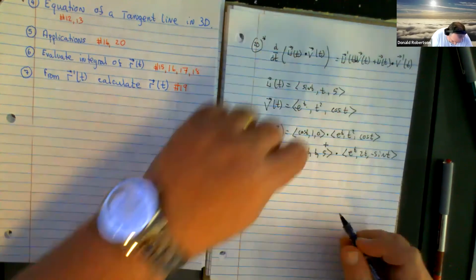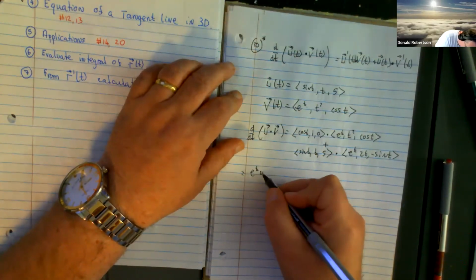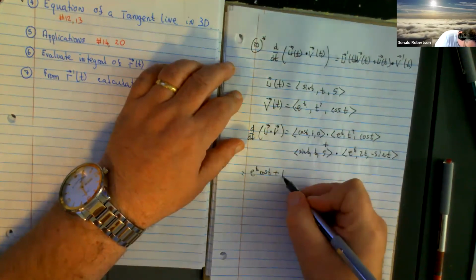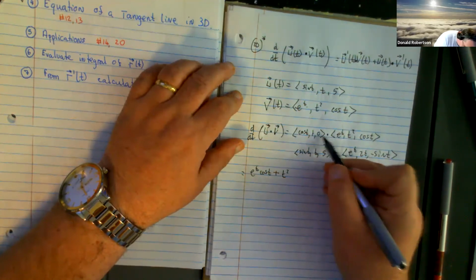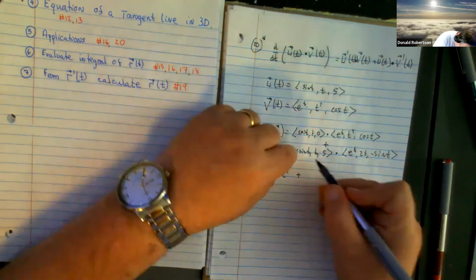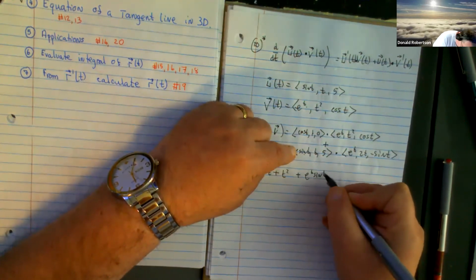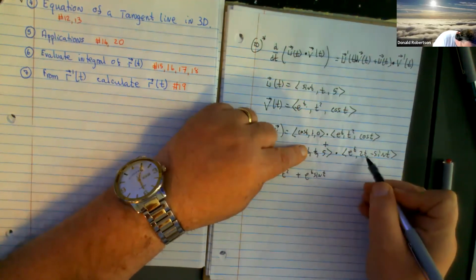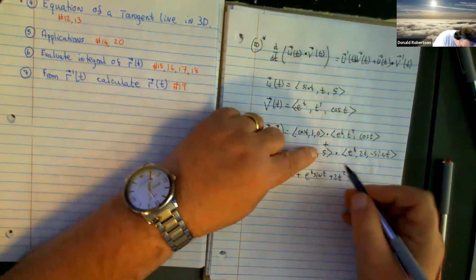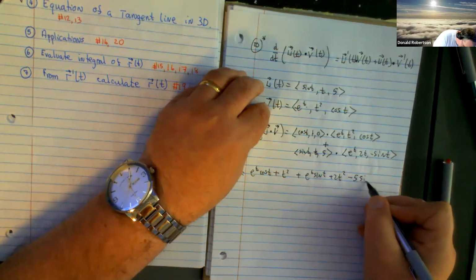So dot product, that guy times that guy gets you e to the t cosine t, plus that guy times that guy gets you t squared, plus 0 times that gets you 0, so I'm not bothering to write it down. Plus this guy times that guy gets you e to the t sine t, plus 2t squared, and negative 5 sine of t.